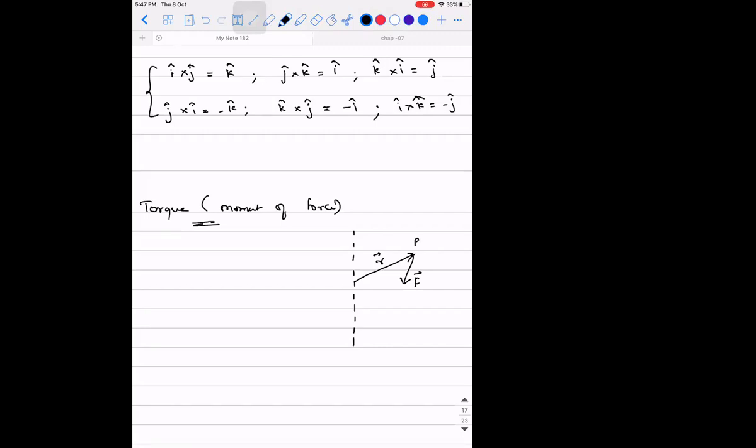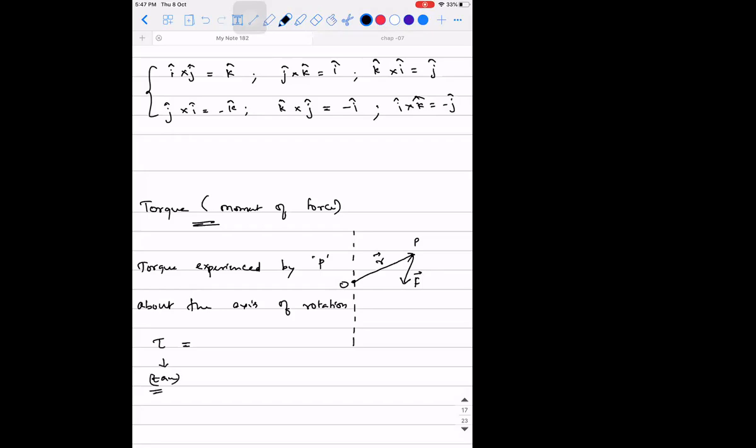If this is the particle P, and this is O, then the torque experienced by particle P about the axis of rotation is given by the formula. Torque is represented by the symbol tau.